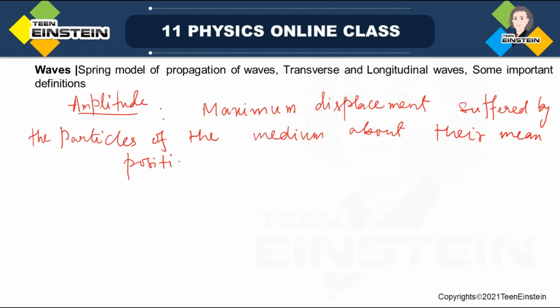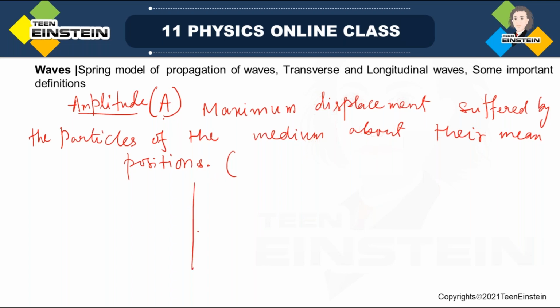I'll give you an example. Amplitude is generally denoted by capital A or sometimes small a.